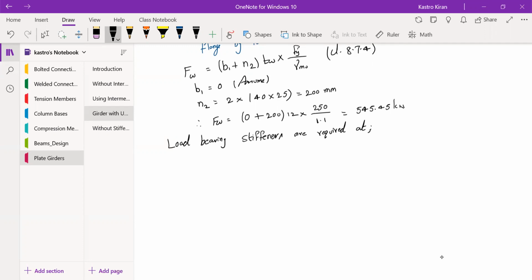So load bearing stiffeners are usually provided at 2 locations: one is where you have the point loads and the second is where you have the supports. So you have to find out whether the load bearing stiffeners are required exactly under the point load or exactly at the supports.